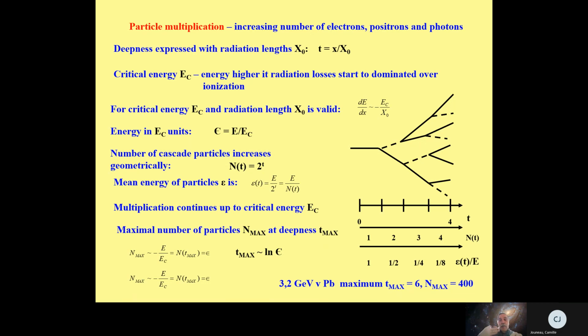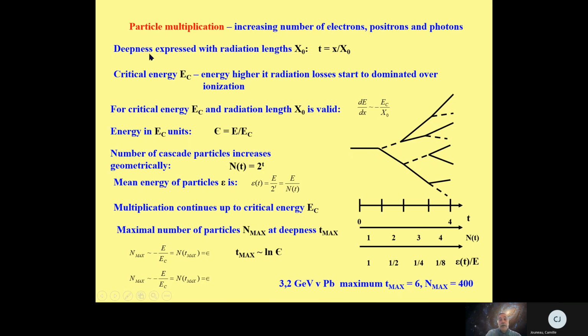That means any process will produce two particles. Here we started already with an electron. Here will be a gamma from Bremsstrahlung radiation, again pair production, again Bremsstrahlung radiation, and any process will produce two. That means we obtain a geometrical cascade.